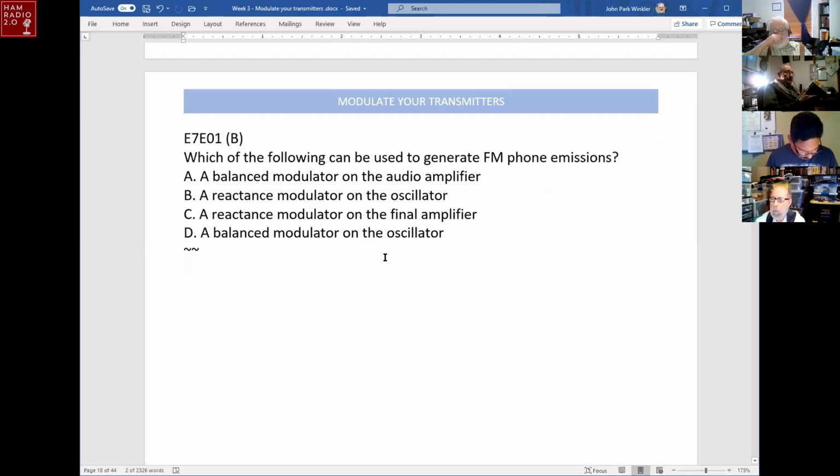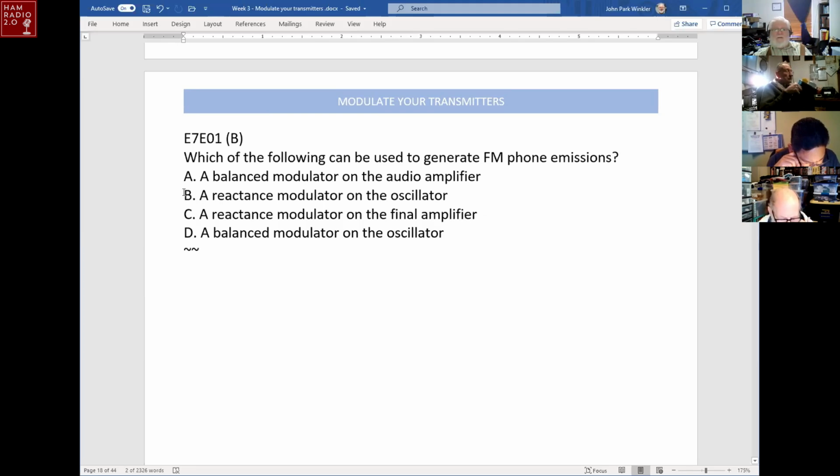Which of the following can be used to generate FM phone emissions? Well, balanced modulators are used to eliminate carriers, so you don't do that in FM. So A and D are automatically out of it. A reactance modulator on the final amplifier is not going to change frequency at all, so it does not modulate.